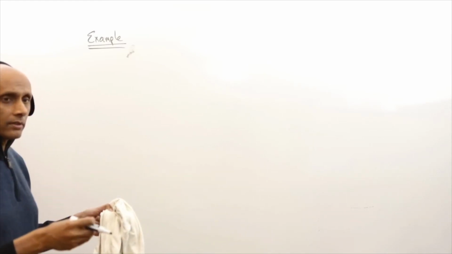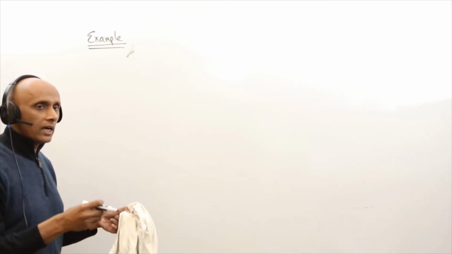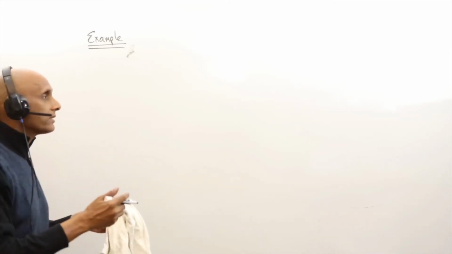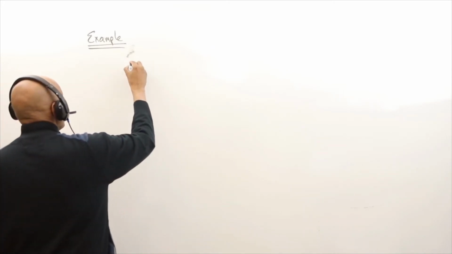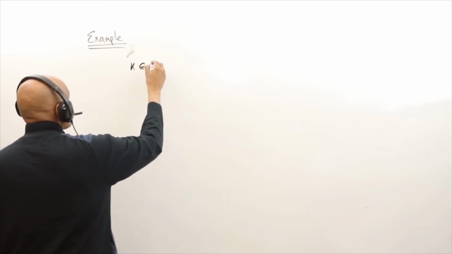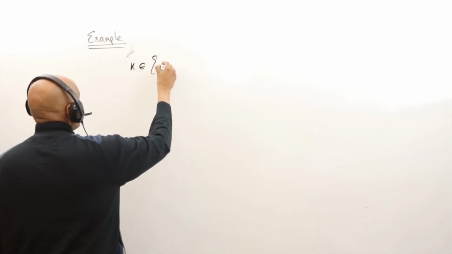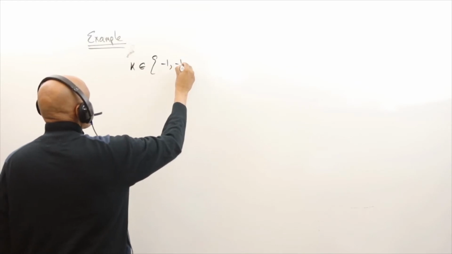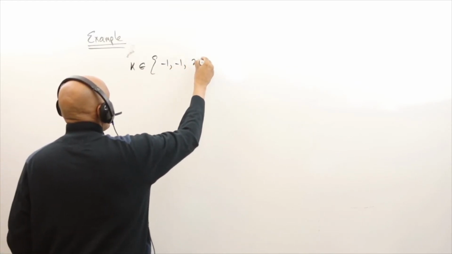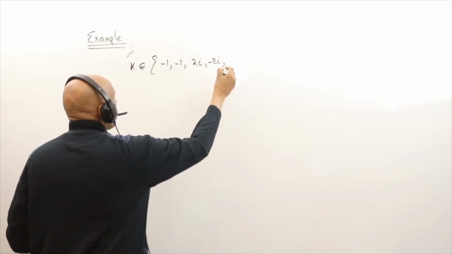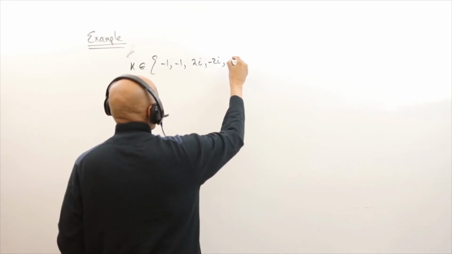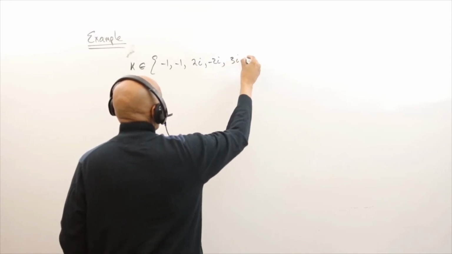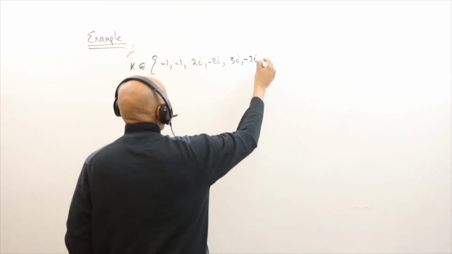After the characteristic polynomial is gotten, we solve for k's, and we find that k takes the following values: minus 1, minus 1, 2i, minus 2i, 3i, and minus 3i.